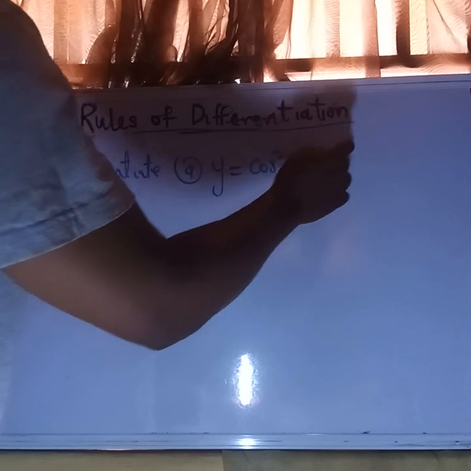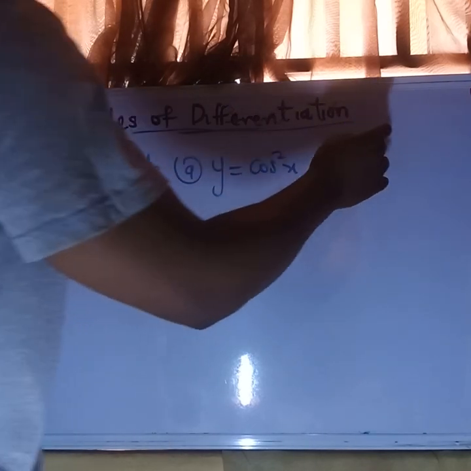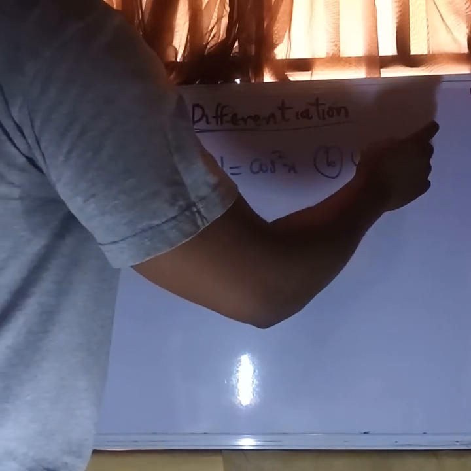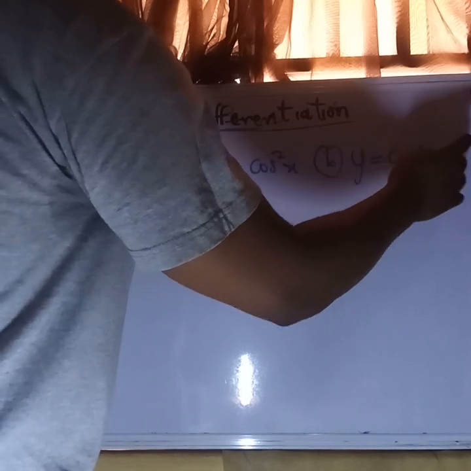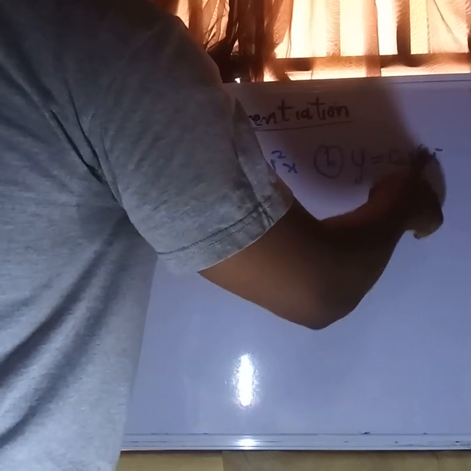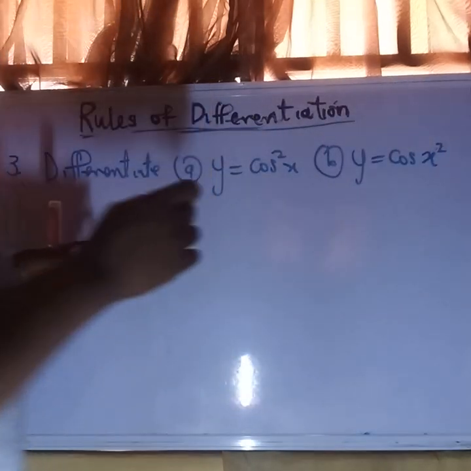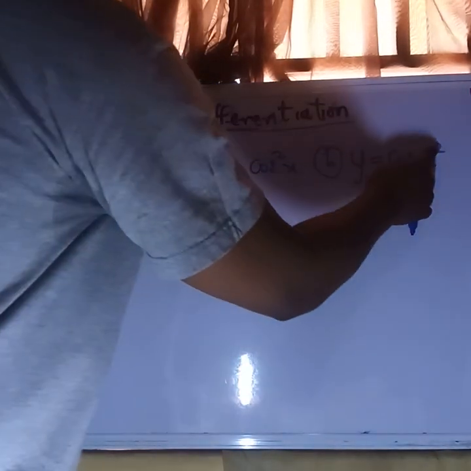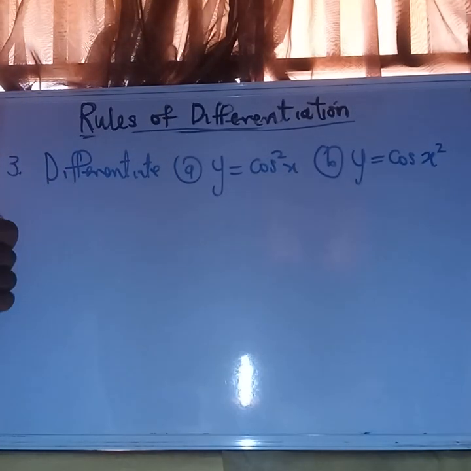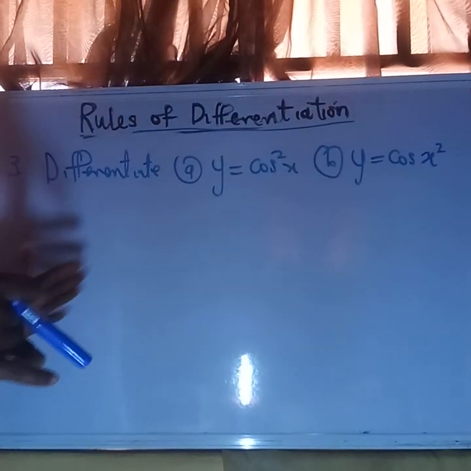If you have to differentiate a, y equal to cos square x, and b, y equal to cos x squared, with respect to the argument x.